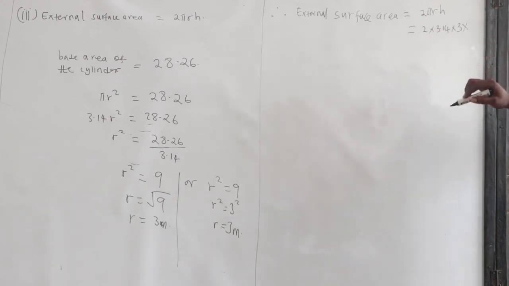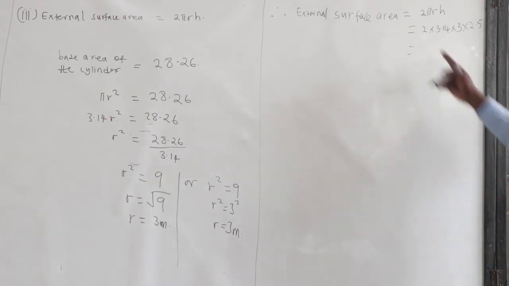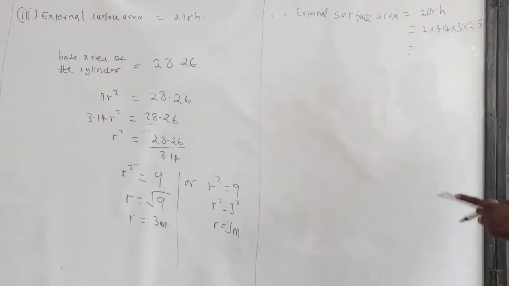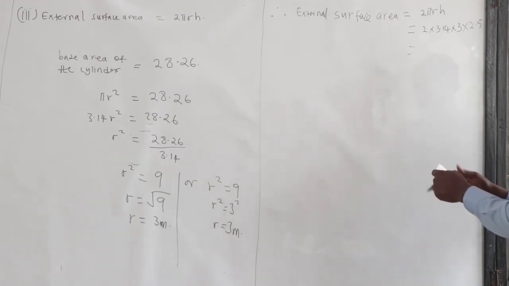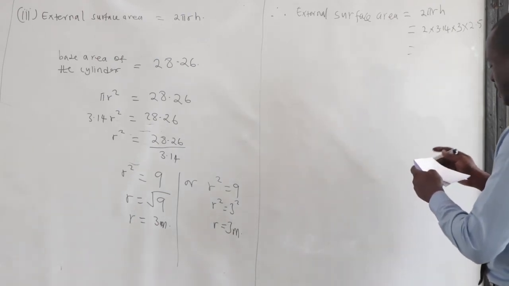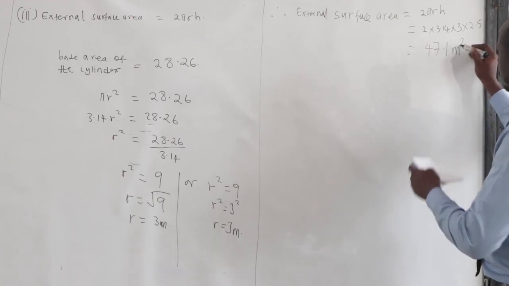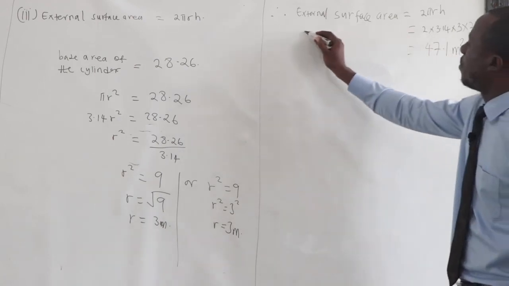And then what is the height? The height is 2.5. Now, let's put 2 times 3, that's 6. Let's punch times 3.14 times 2.5. When we punch this on the calculator, this is giving us 47.1 meters. So that's the external surface area of the wall.